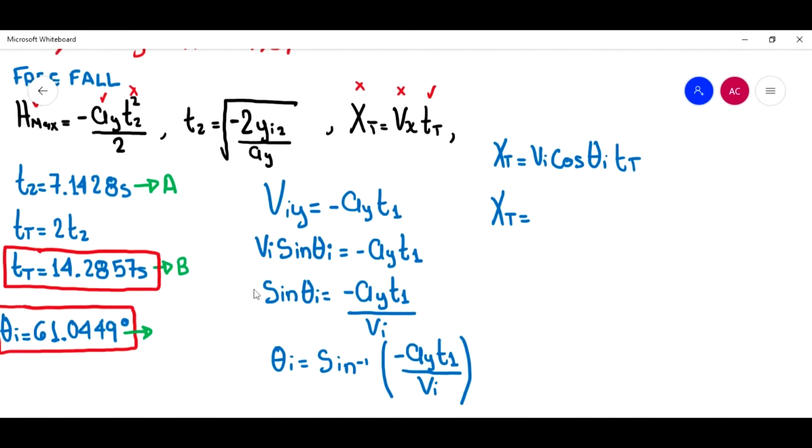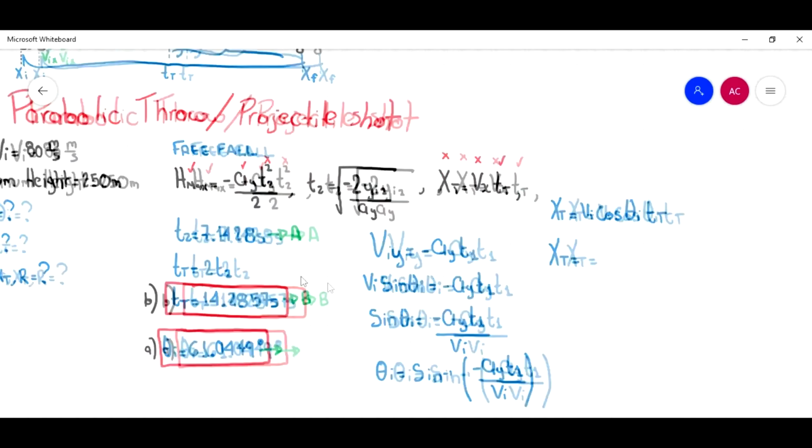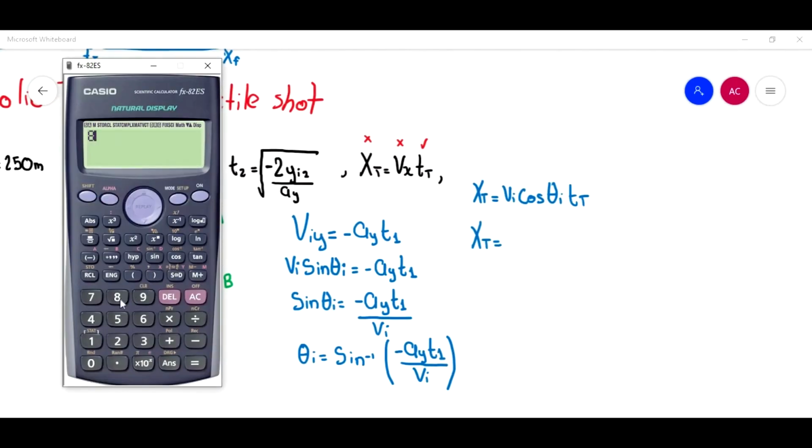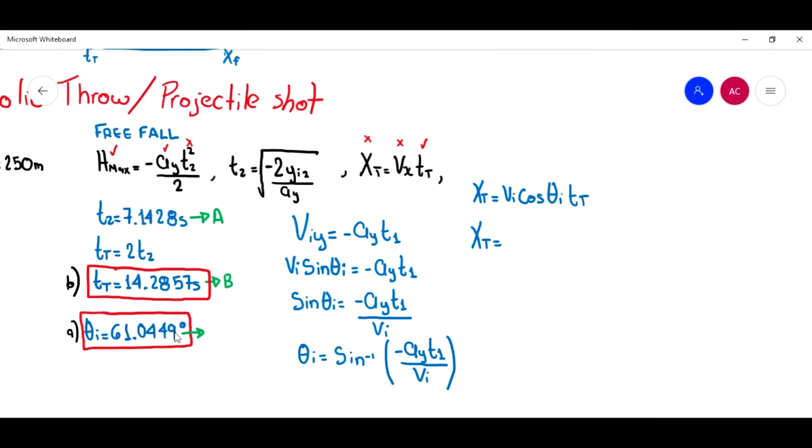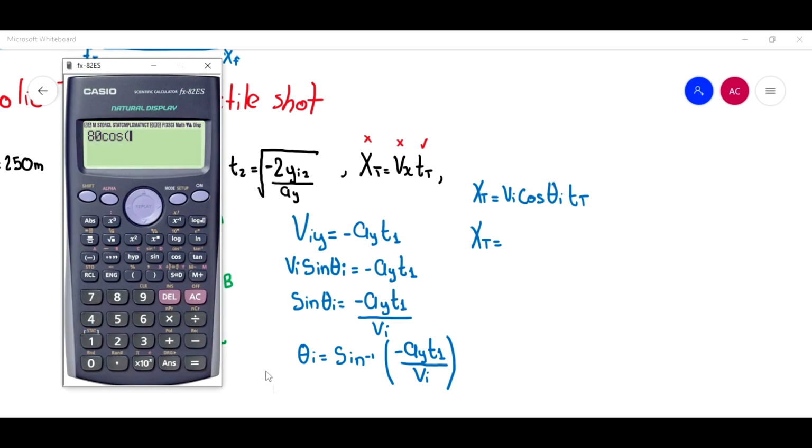How much is initial velocity? Well, it's 80 meters per second. So 80 meters per second times cosine of the initial angle. Oops, that is saved in C. I need to check because I don't remember if I just saved it. Yes, okay, so again, 80 times cosine of the initial angle, that is the letter C, that multiplies the total time.